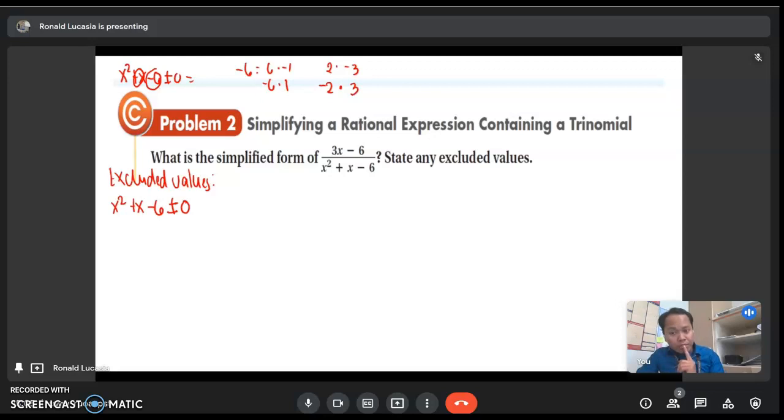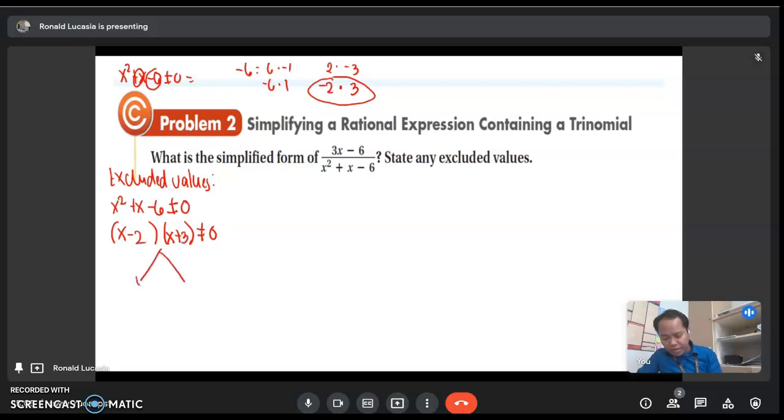And between those four pairs, the one that will give you a sum of 1 is negative 2 and 3. So in other words, the factors of x² are x times x, and for negative 6, the pair that will give you positive 1 is negative 2 and positive 3.